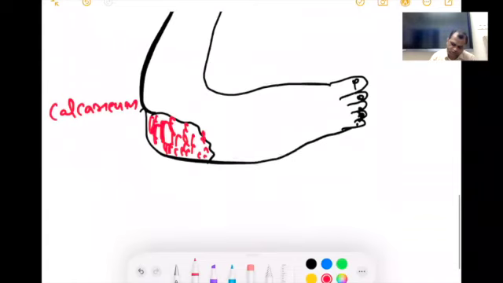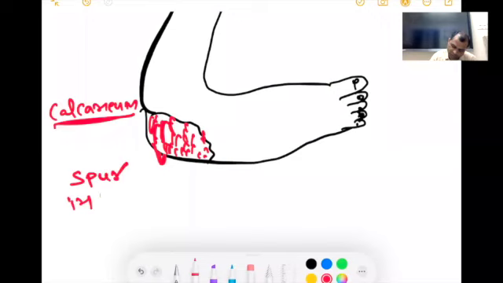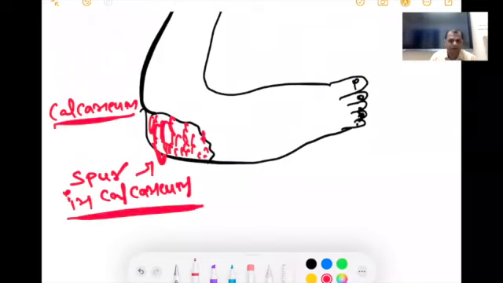The question is this: if there is an unwanted growth or spur in the calcaneum, is this spur paining or is it something else?